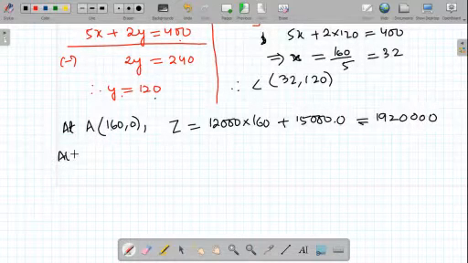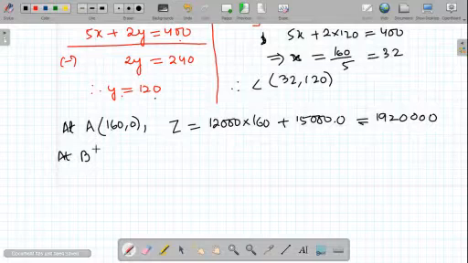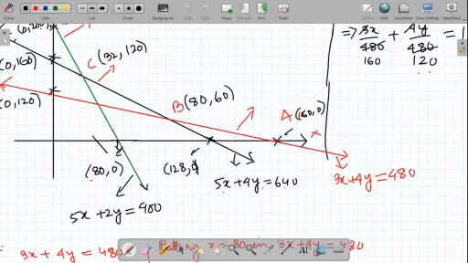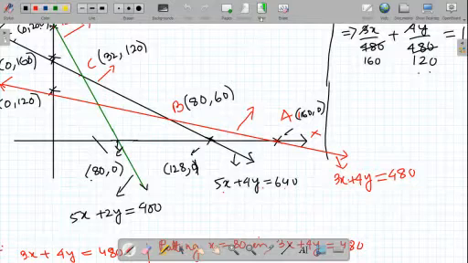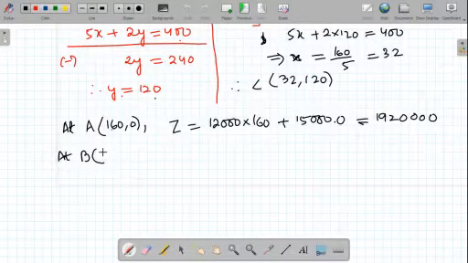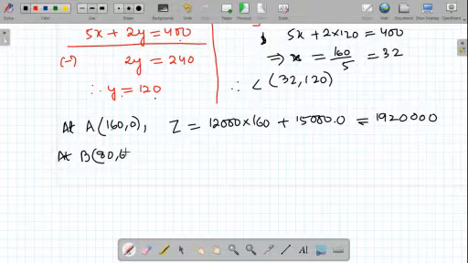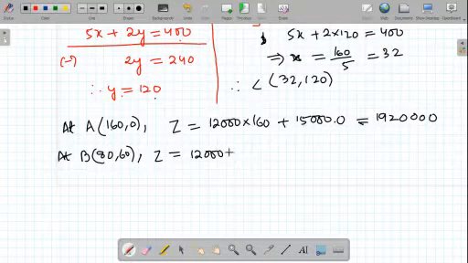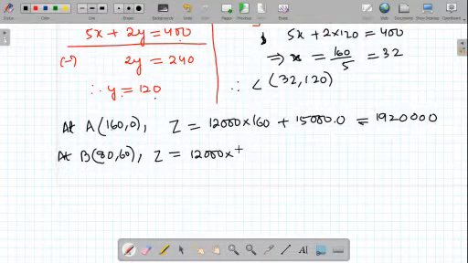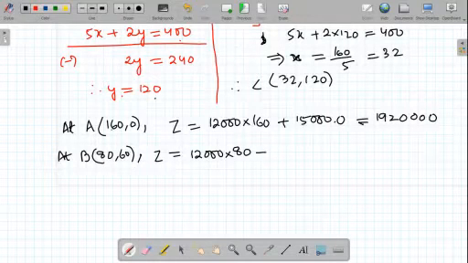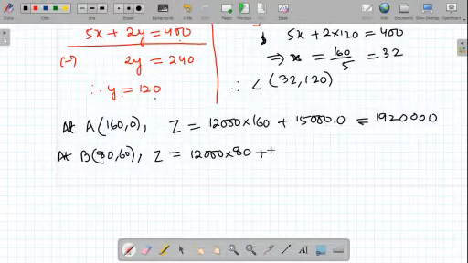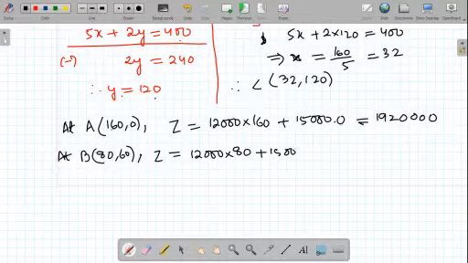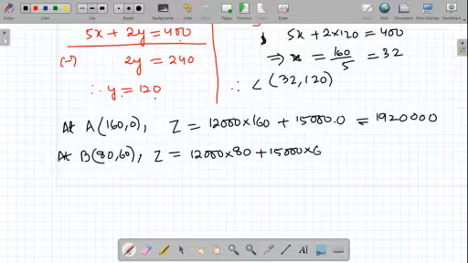Similarly, write down at B, right? And what is B? 80 comma 60. At B, 80 comma 60, it will be 12,000 into 80 plus 15,000 into, what is Y? 60.